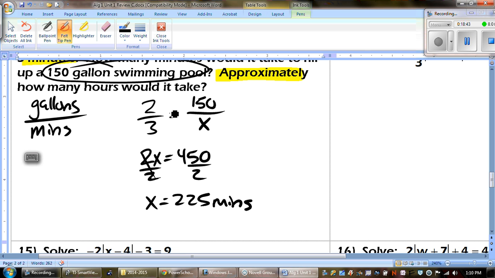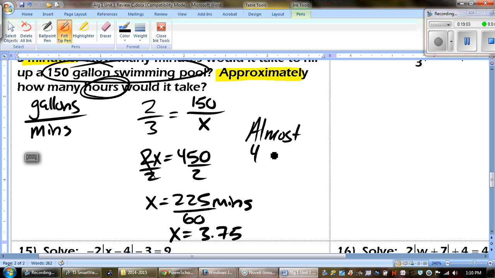But I want to know the hours. So I have to divide that by 60 because there are 60 minutes in an hour. And when we divide that, you should have gotten 3.75. So approximately how many hours is that? Yeah, that is almost 4 hours.